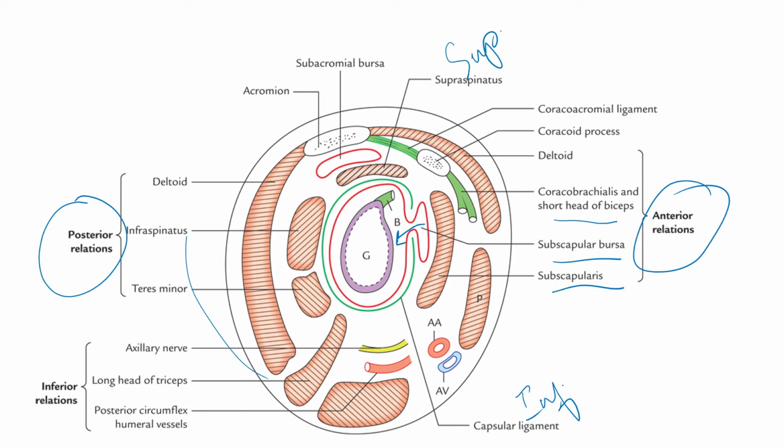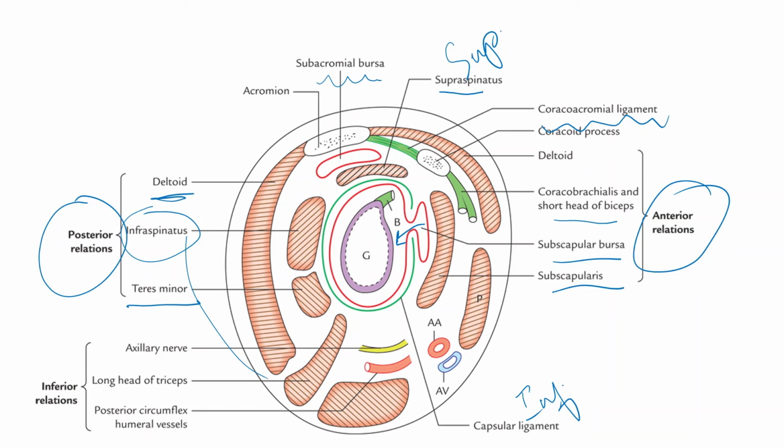The posterior relations are mainly the infraspinatus, the teres minor, and the posterior fibers of the deltoid. The superior relations, or the relations above the joint, are mainly made by the supraspinatus muscle, the subacromial bursae, and the coracoacromial ligament.